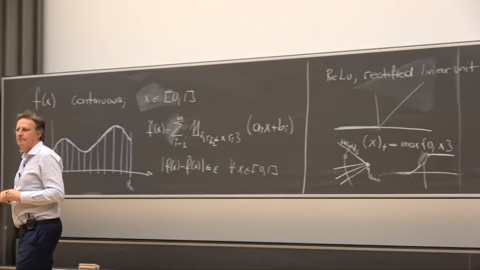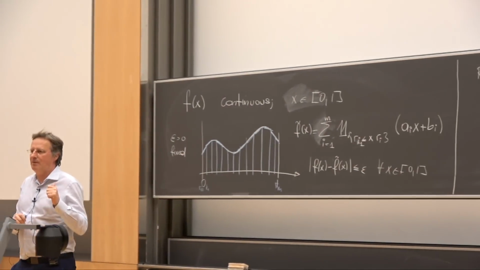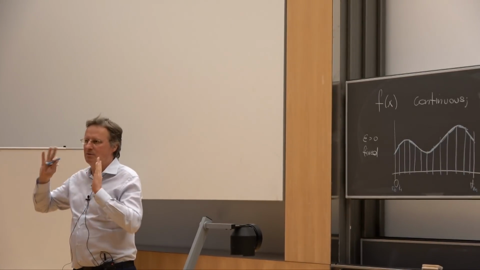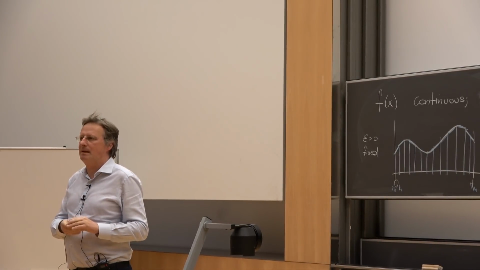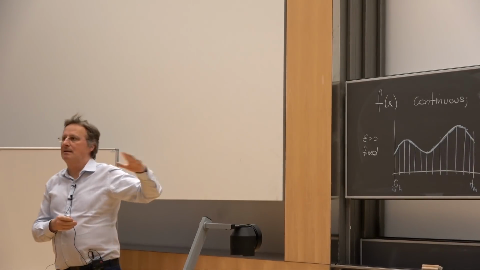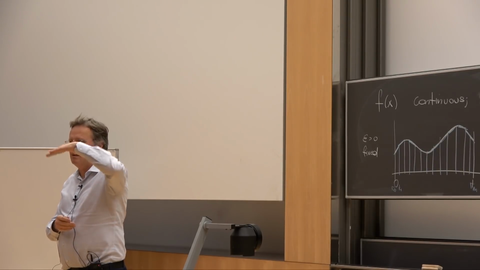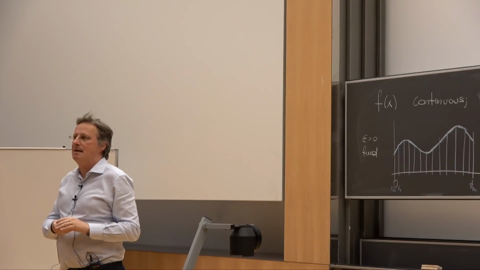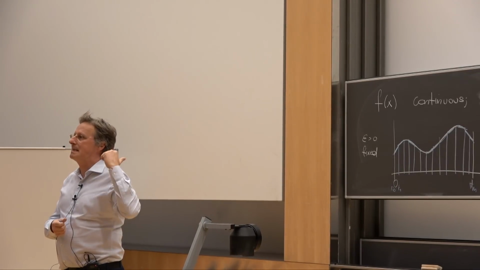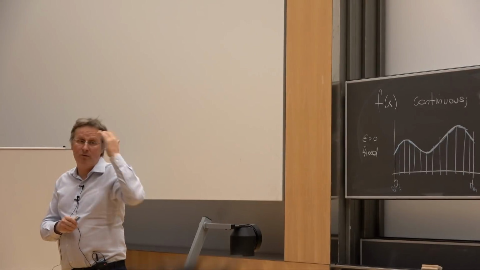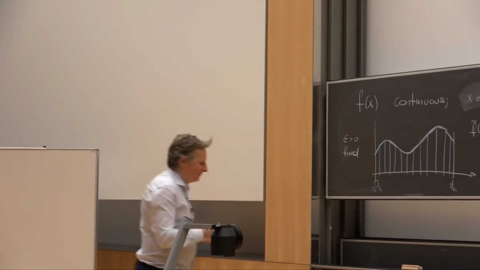Plan clear? In the previous approach we took a function, took the Riemann sum, and then approximated. That was just a graphical proof of approximating with these rectangles. Now we do it differently. We take a function and approximate it by a piecewise linear function. Now what we want to do is implement this piecewise linear function exactly in terms of a neural net, but we're allowed to use these rectified linear units.